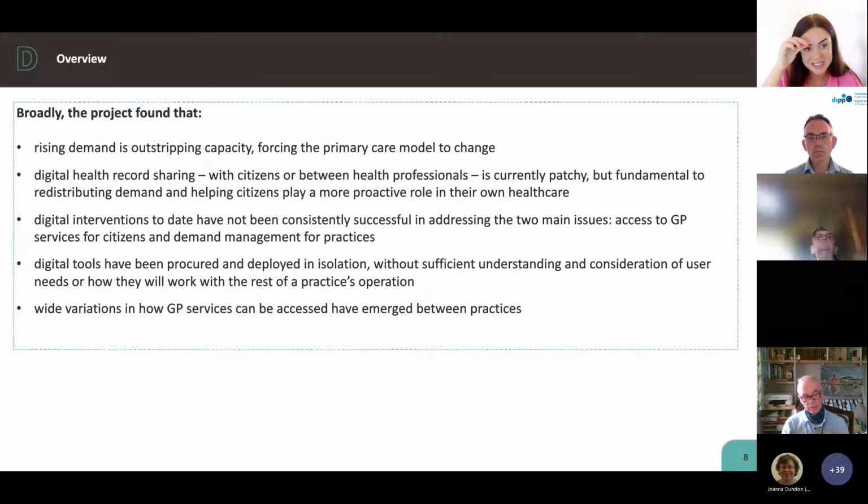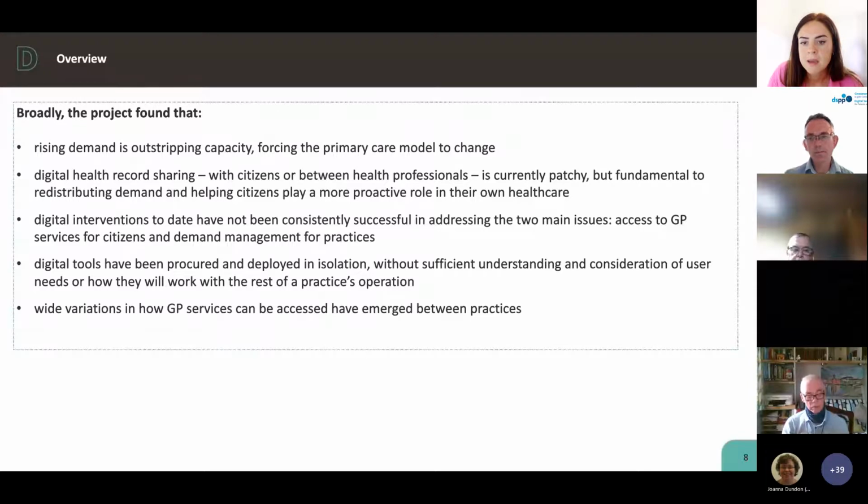So, you know, we've got EMIS and we've got Vision, fundamental systems, and some of those digital interventions didn't integrate with those. So not off to the best starting foot at all. And what that actually meant is more often than not, practices ended up turning off that digital intervention. So a lot of money might have been spent developing it, getting it through the health boards and DHCW, and actually it was turned off by practices because it couldn't integrate with the fundamentals.